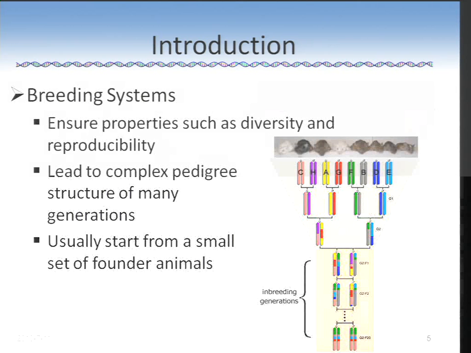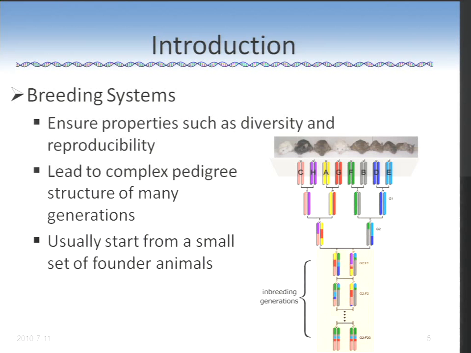So here on the right you can see the breeding design of the Collaborative Cross. It starts from 8 genetically different founder mice, and then you see a funnel-like breeding design. It starts with 2 generations of crossing, followed by many breeding generations.